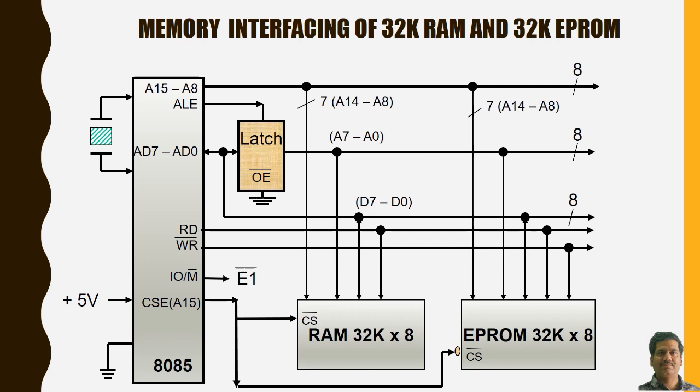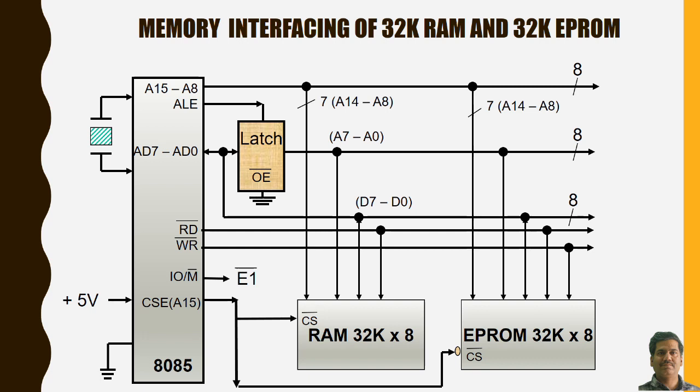will enable the chip select IC, and this A15 will be given as a chip select to the RAM. So if it is 0, then RAM is selected, and if it is 1, in that particular case EEPROM will be selected.